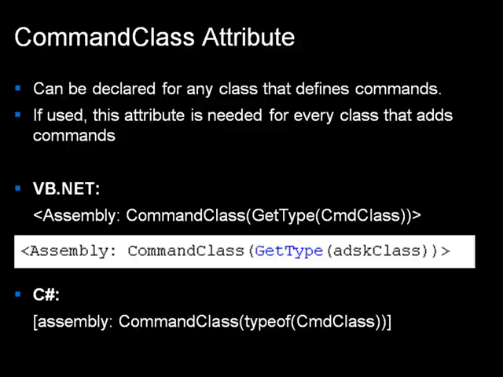If instances of this attribute are found, AutoCAD searches only their associated types for command methods. Otherwise, it searches all exported types, so using this attribute can also save time when loading a large .NET assembly. Here you see the signature for this assembly attribute. We're not using this in our lab, but I just thought I would mention it as it fits with the IExtensionApplication.